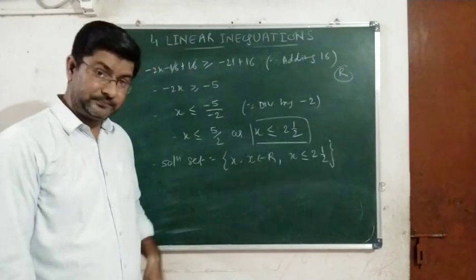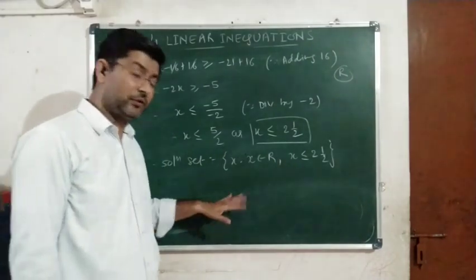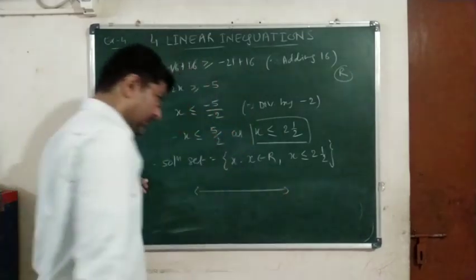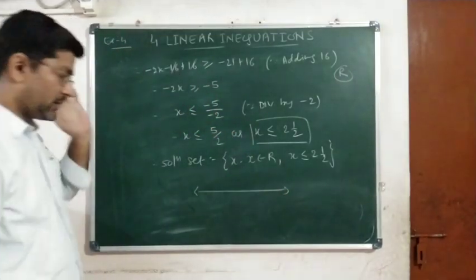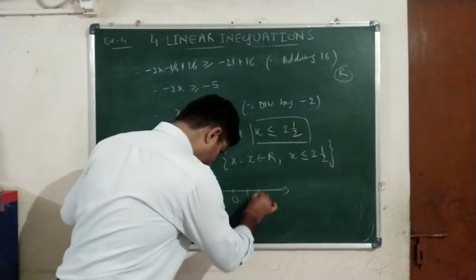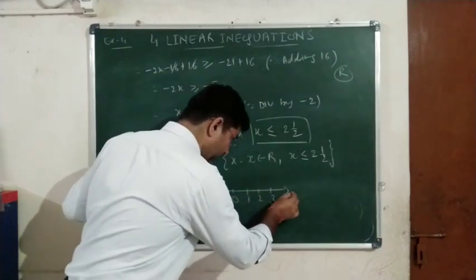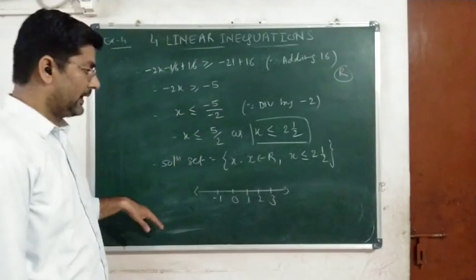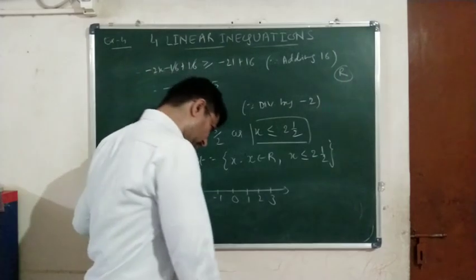Now we will represent this on the number line. So how to represent when R is the replacement set? Here we can write like this: minus 1, 0, 1, 2, 3. Now x is less than or equal to 2.5. So where is 2.5?